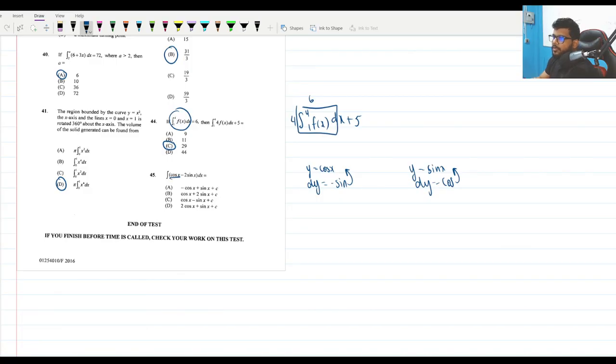So I want the integral of cos, which is sine x, take away the integral of sine, which is negative cos, so this could be negative 2 cosine x. This combines to give me a plus: sine x plus 2 cos x. Looking like this one here, part D.